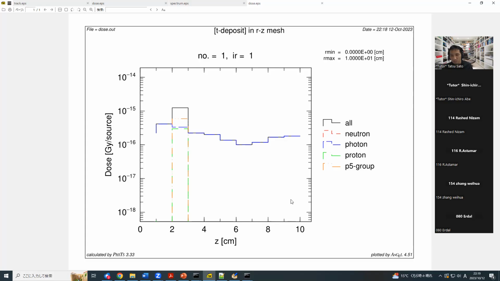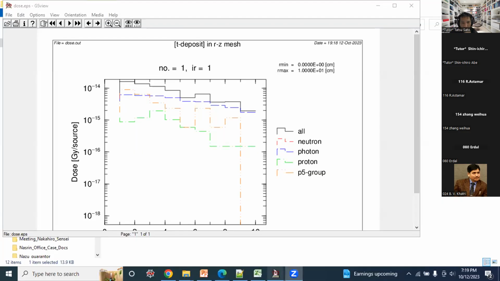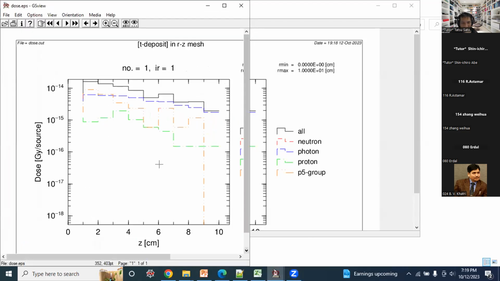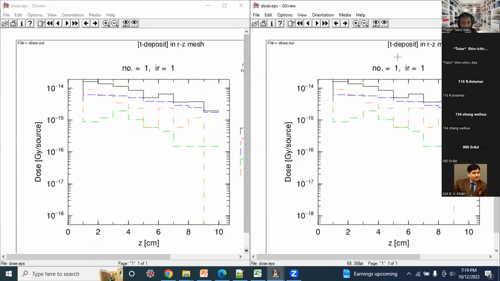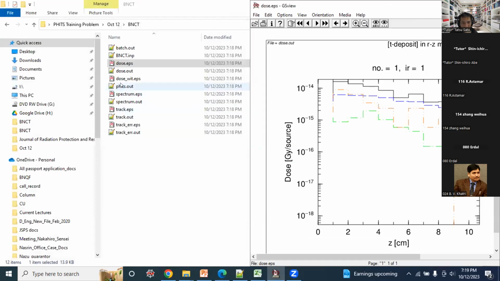So may I share the screen? Okay, thank you. Looks much better. So this is without the line MT light water T. Can you see now? Yes, I can see.